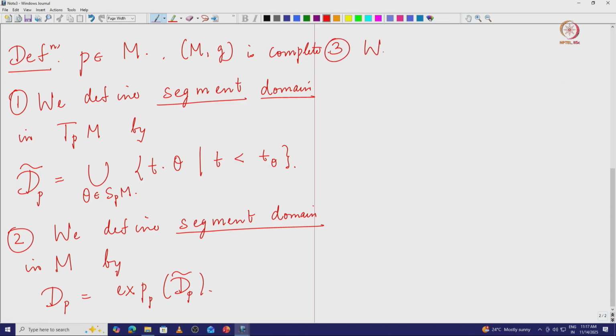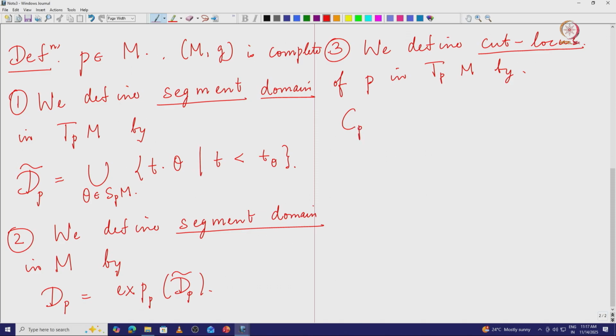Then we define the cut locus of P in the tangent space as simply the boundary of D_p tilde.